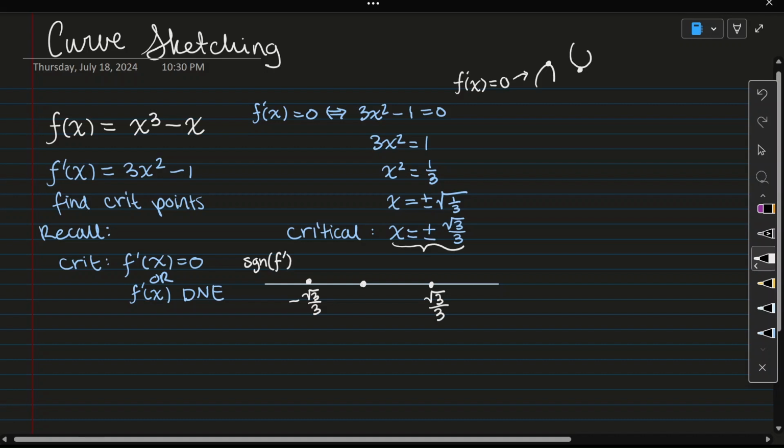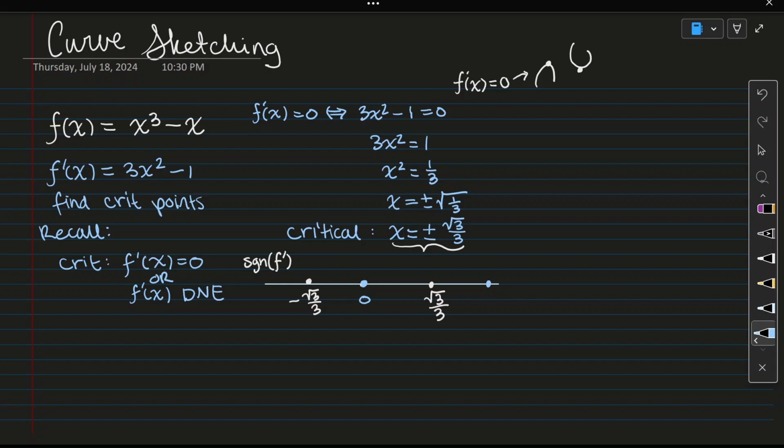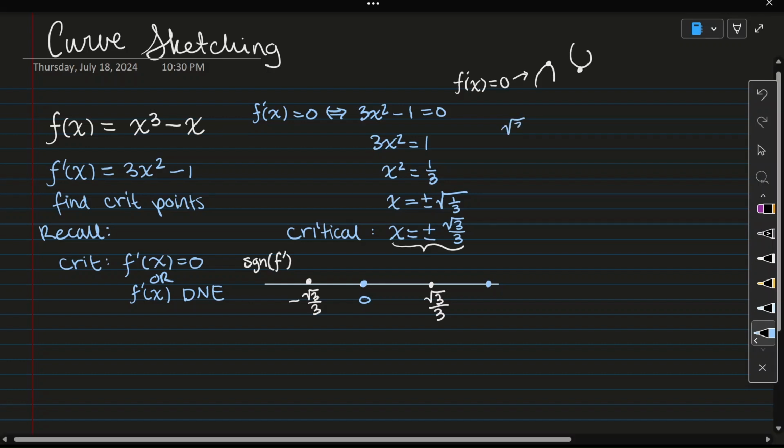In this interval, I can pick 0 very comfortably as one of my test values. Let me put it in a different color here, so we know it's a test value. Root 3 is just less than 2, and I know that because root 3 is less than root 4, and root 4 is 2. We're talking about the positive root here.